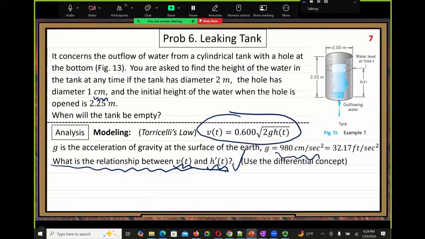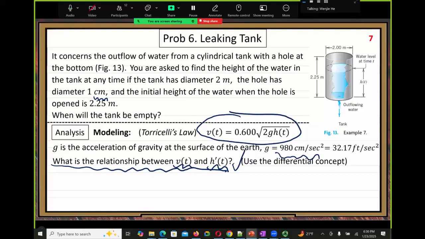We need to do some further analysis, and here we need to use the differential concept. When you establish that equation, look at the tank and the change. How does the water inside the tank change?